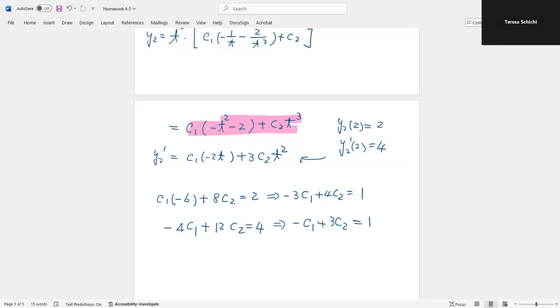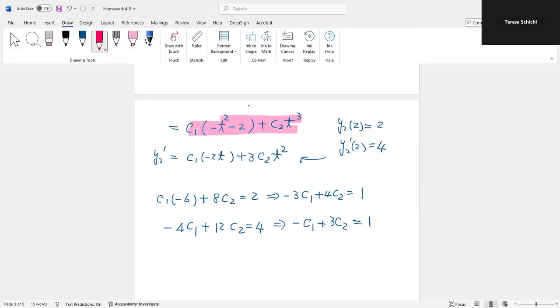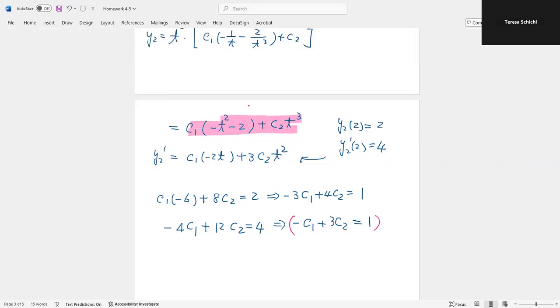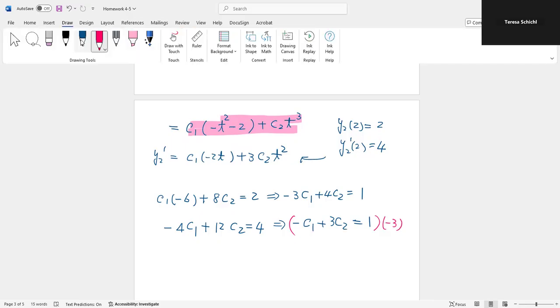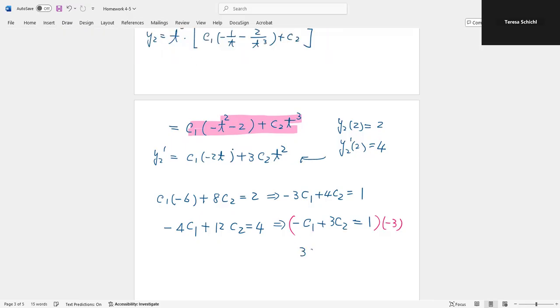Okay? All right, so now let's try to solve it. This one should be pretty easy to solve. In order to solve it, I can multiply by negative 3 here. If I multiply by negative 3, this will be 3C1 minus 9C2 is equal to negative 3.